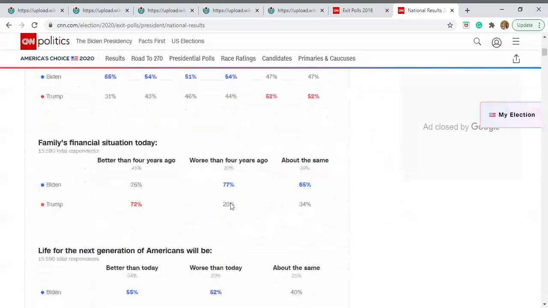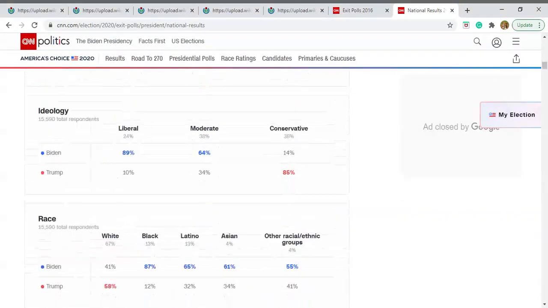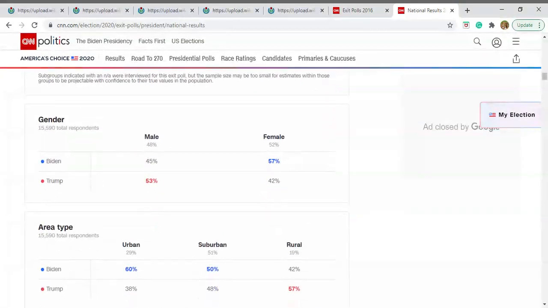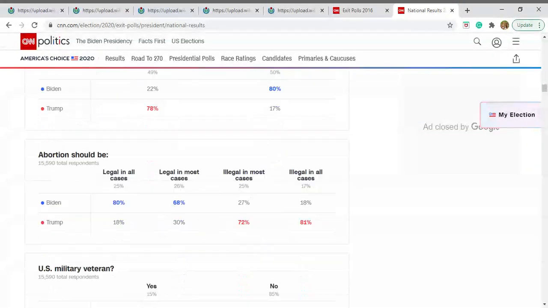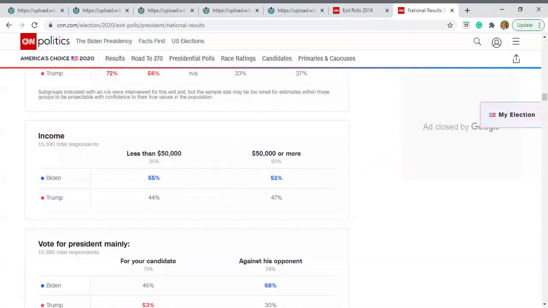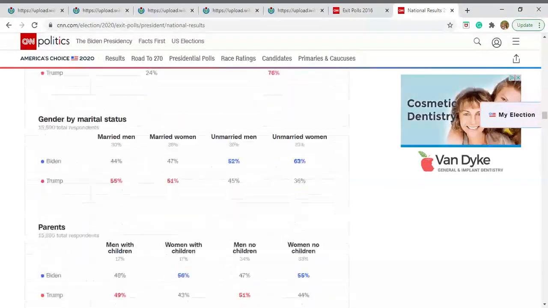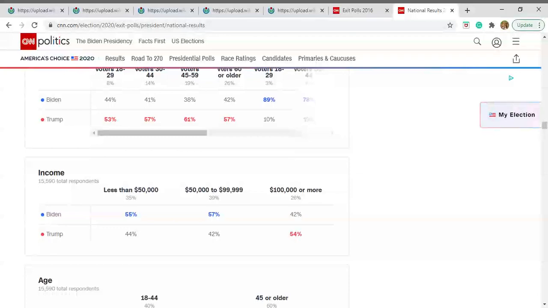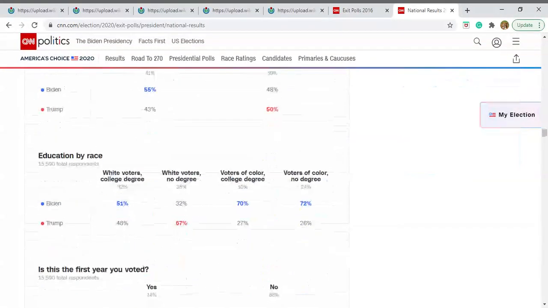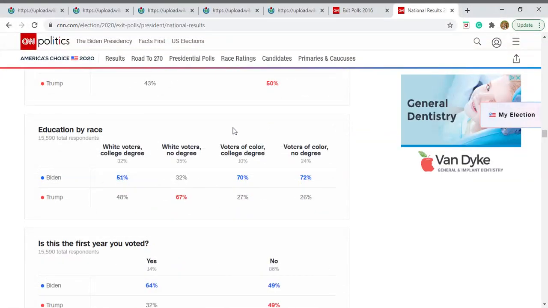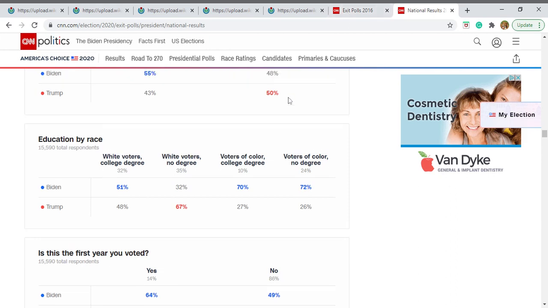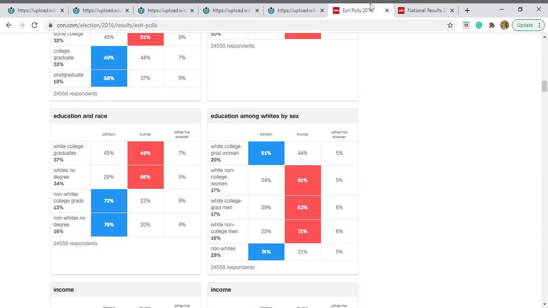Hold on while I find this. Education by race, 67 to 32 in 2020 for Trump, versus 66 to 29.